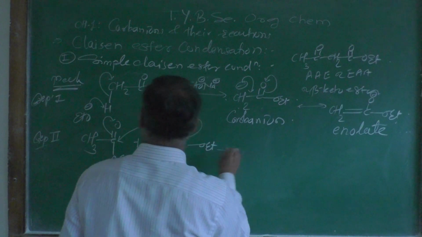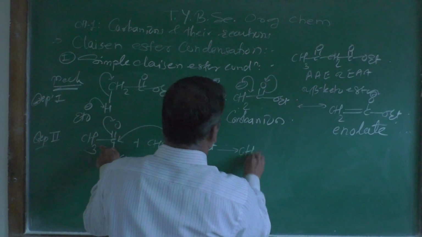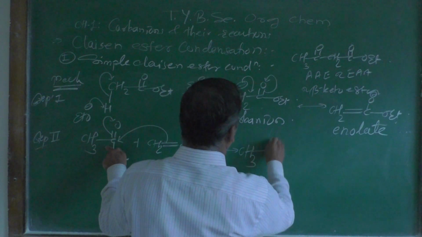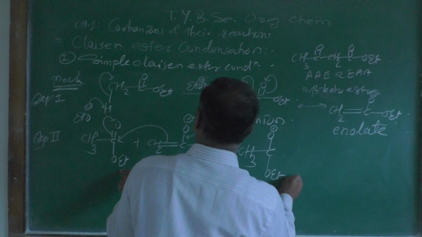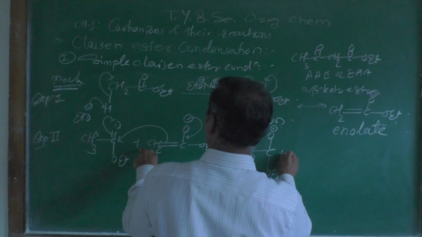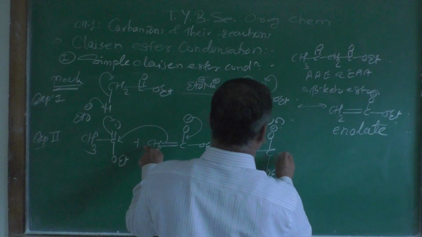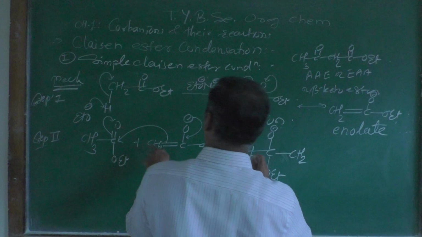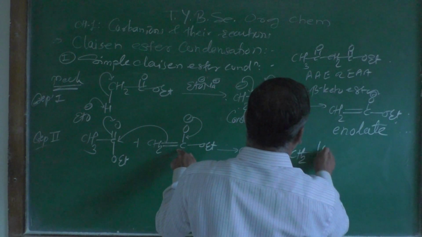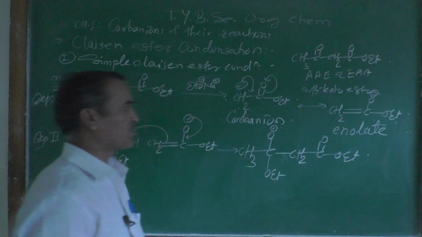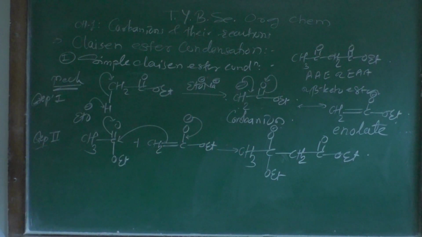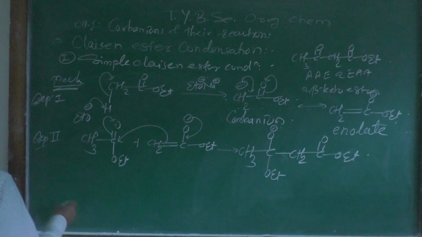We get here CH3, then C O minus, and then OEt, that is as it is, and then a bond forms between this CH2 and C double bond O, OEt. An alkoxide type of species is formed over there.